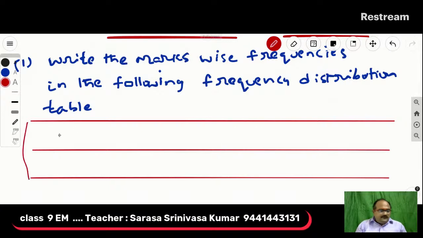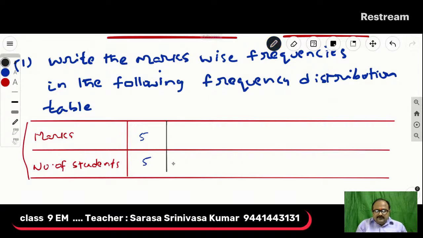So the first row is marks. Second row is number of students. Here this is 5. Here is also 5. Next up to 6, this is 11.